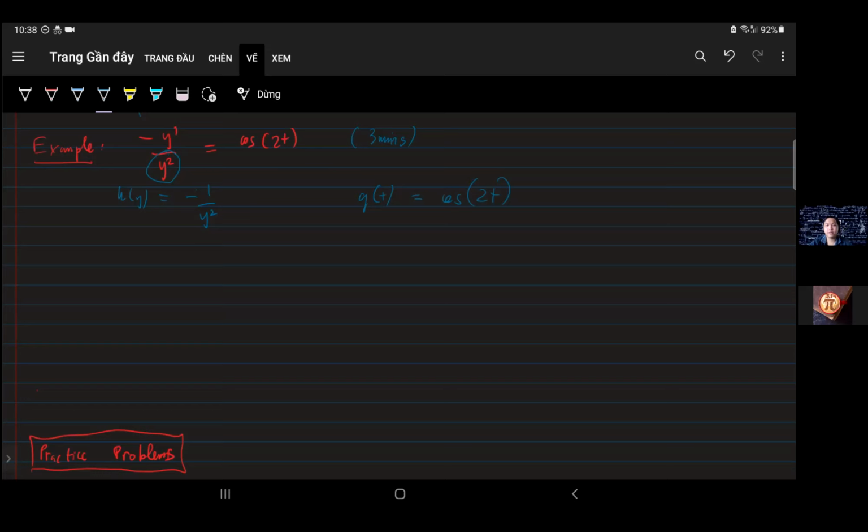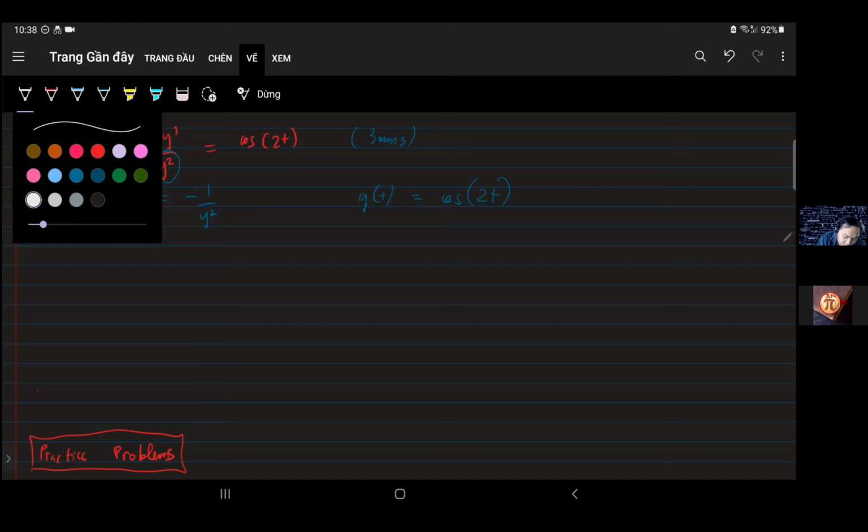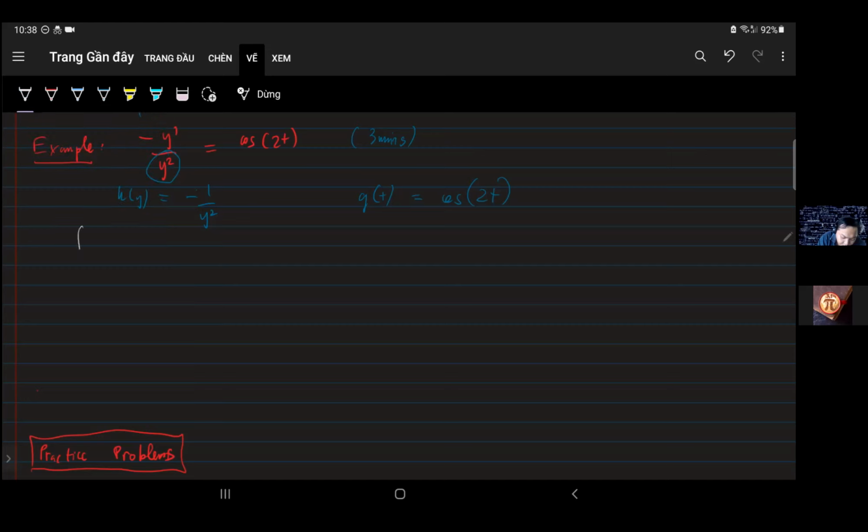Okay, so I hope you are done. You get the solution, or somehow you get the way to do it and know how to do it. So what do we do now? First, we take the integral of both sides: the integral of y prime over y squared equals the integral of cosine 2t. To be careful, you can write the dt here and here.